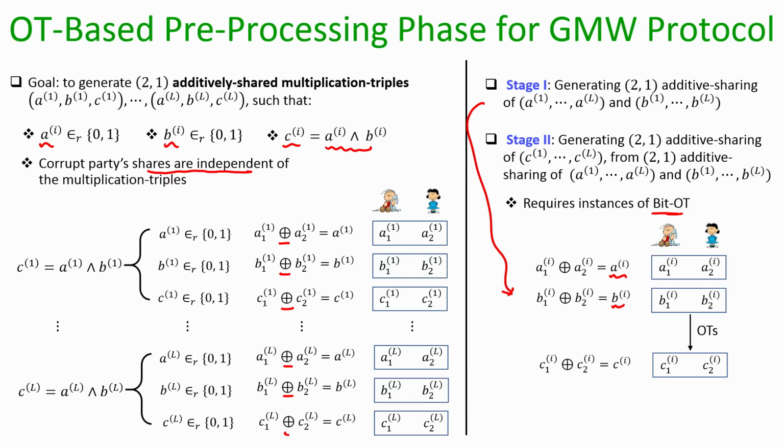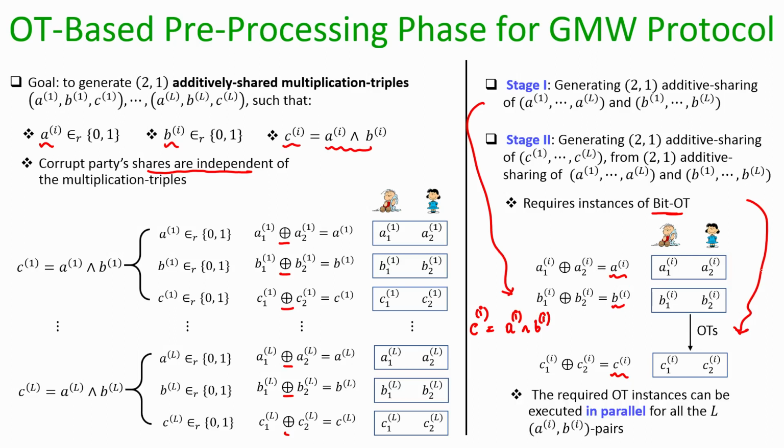And now in stage 2 we have to use the oblivious transfer protocols in some way, so that parties hold secret sharing of the bit Ci, where Ci is the AND of Ai and Bi. And in this process no additional information about the bits Ai and Bi should be revealed.